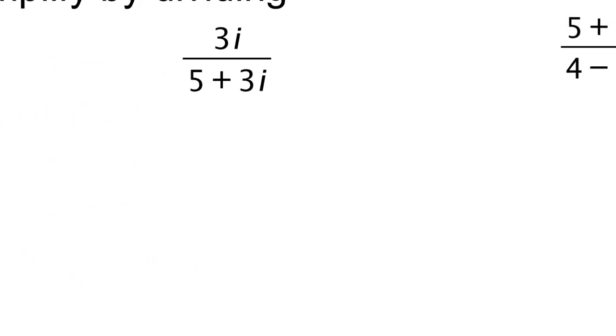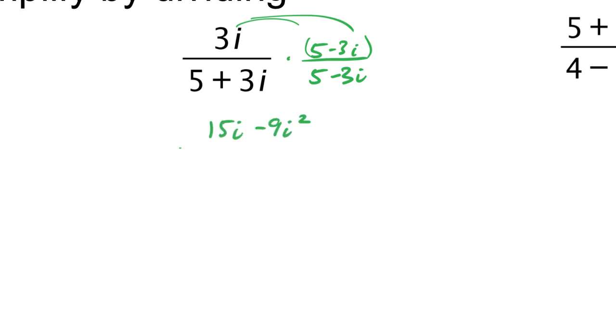The next one, again, multiplying the top and the bottom by the conjugate, which is 5 minus 3i. On the top, I'm going to distribute. That'll give me 15i minus 9i squared over, foiling on the bottom. I got the firsts, 25. I got the outsides, minus 15i. I got the insides, plus 15i.